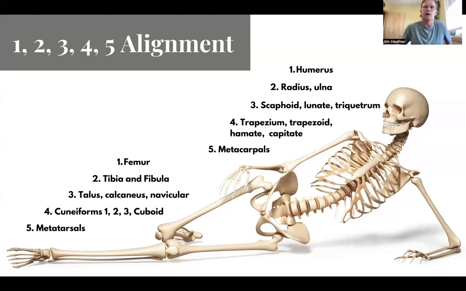So I think this is a helpful principle when we talk about rehabbing different injuries. Closer to the body, the gross motor function that needs to happen and the stability that needs to happen around those joints is going to be much different than the training and the type of stability that we need as we get more distal and further away from the body.